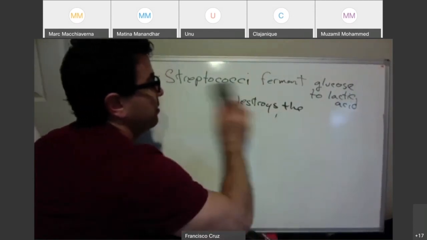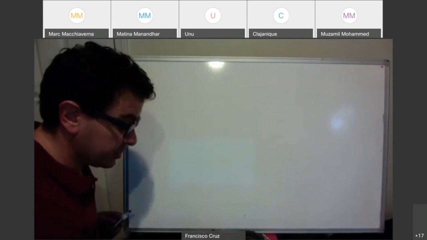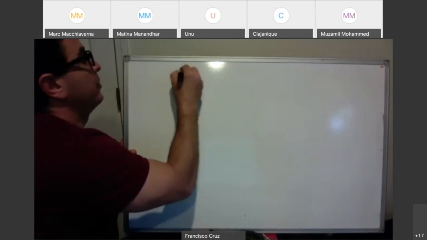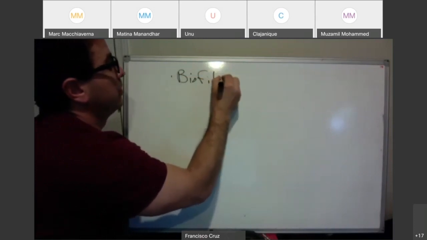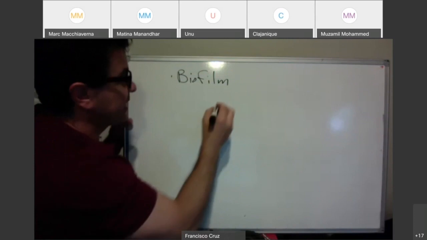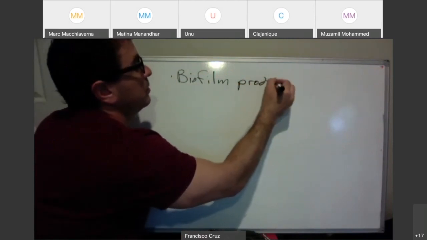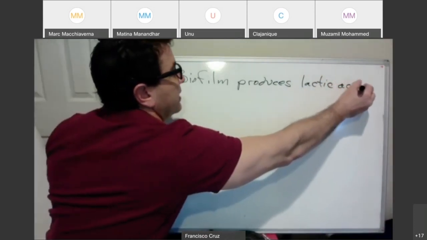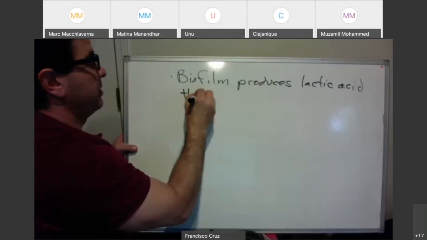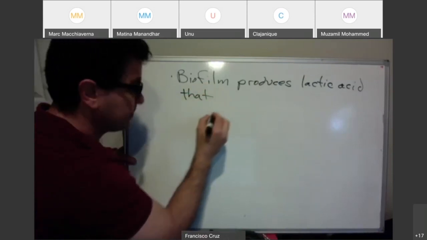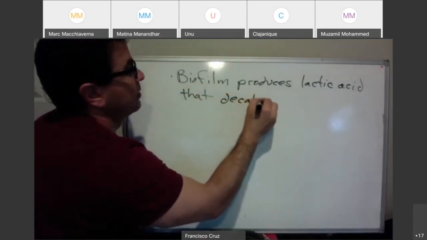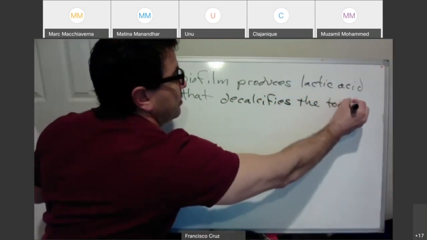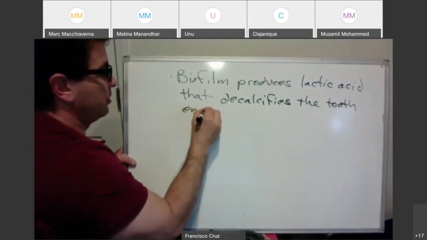And with more species, there's more microbial activity, there's more fermentation. And so the biofilm produces lactic acid or lactate that decalcifies the tooth enamel.